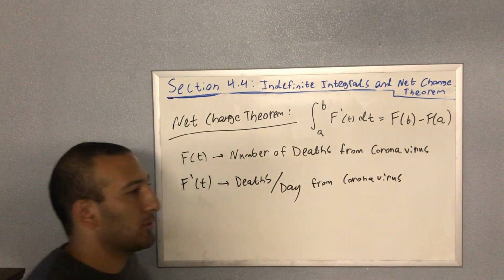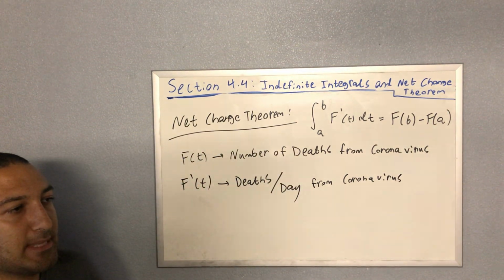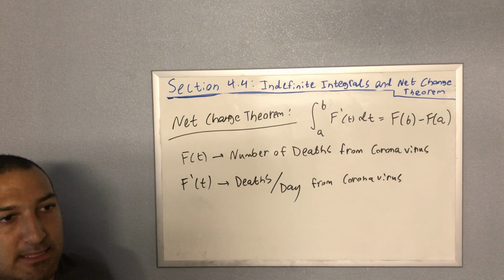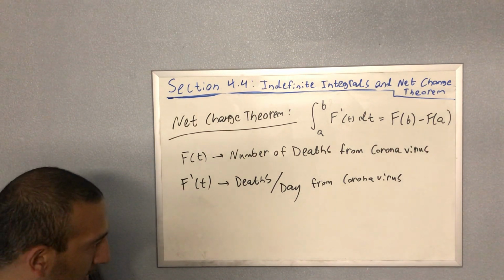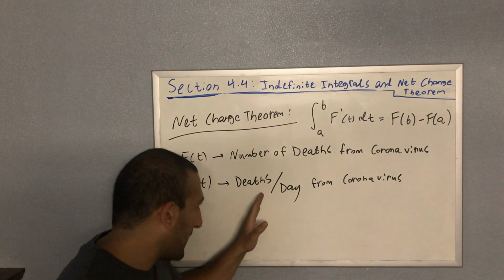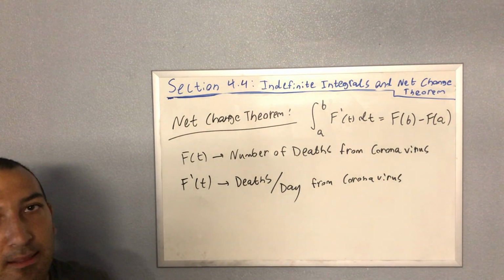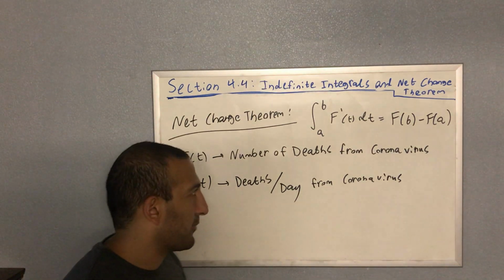So you say like day 10, what is the rate at which the number of deaths is increasing or decreasing? How many deaths per day on day 10? How many deaths per day on day 11? So that's what f prime represents.